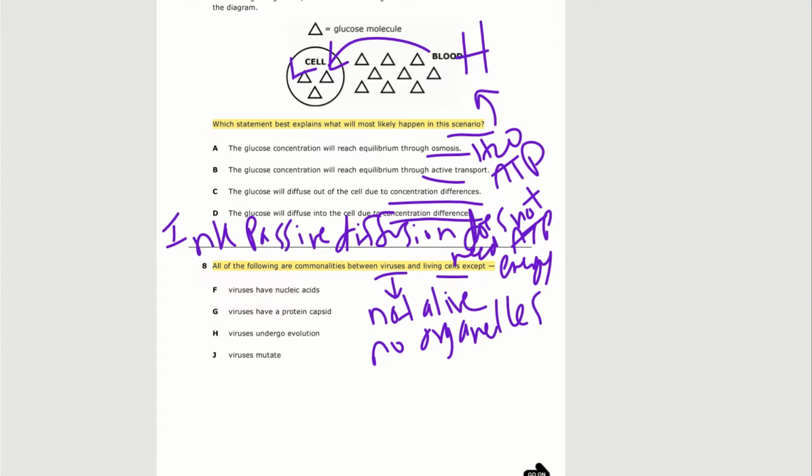It doesn't have little organs inside. They cause disease, some of them. Okay, they can mutate, so they can change, guys, right? Mutate means to change. They do have DNA or RNA.